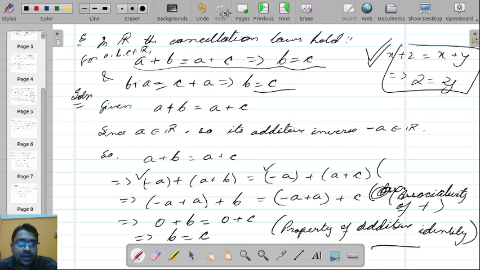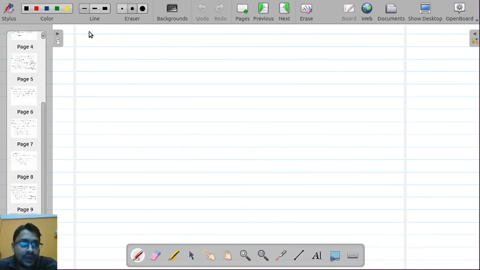Next I want to show that the element 1, the multiplicative identity or unity in R, is unique.